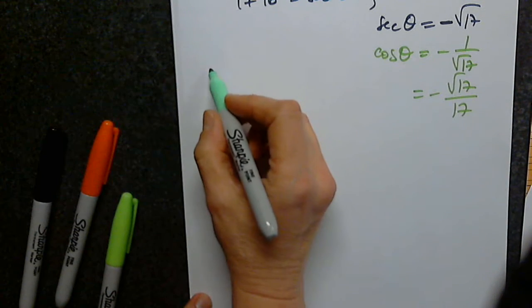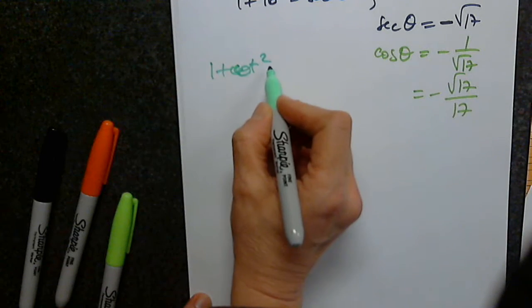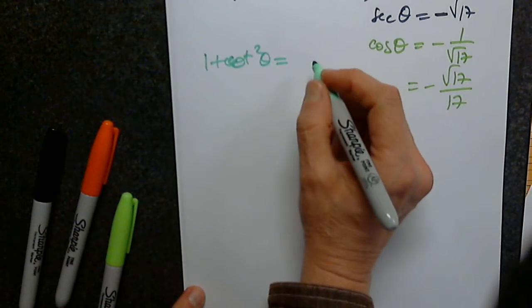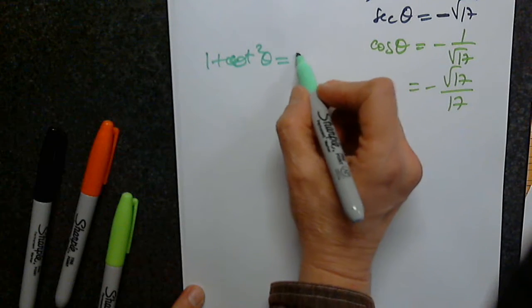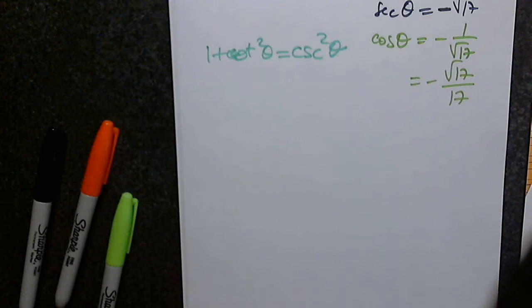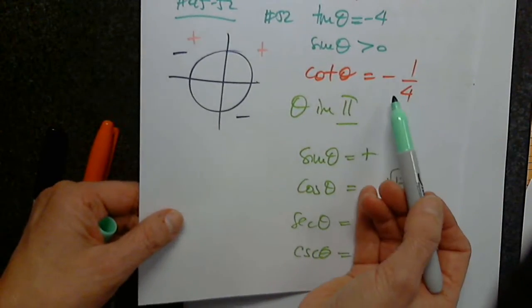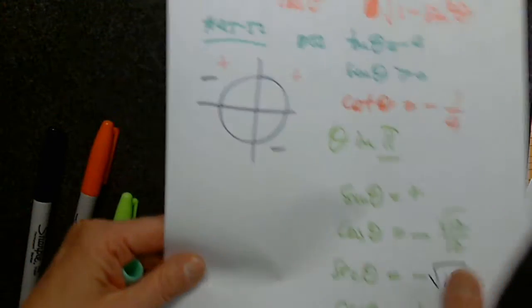If you want to practice, I recommend let's practice the third one, because we have cotangent as well. Okay. So 1 plus cotangent squared theta equals cosecant squared theta. And I have cotangent. We determined it because we were given tangent. So we have negative 1 over 4.